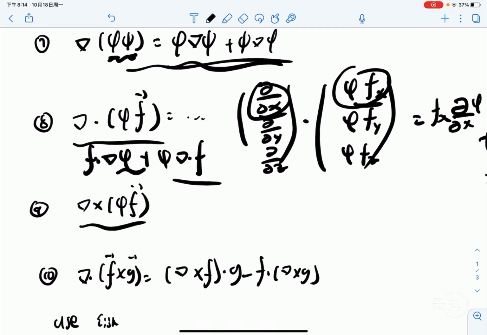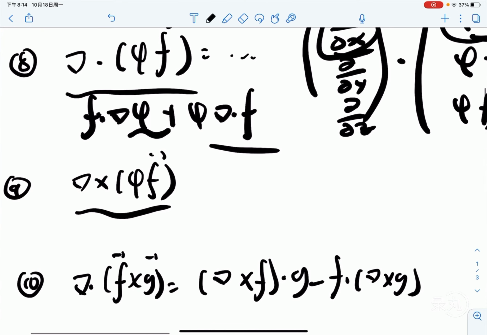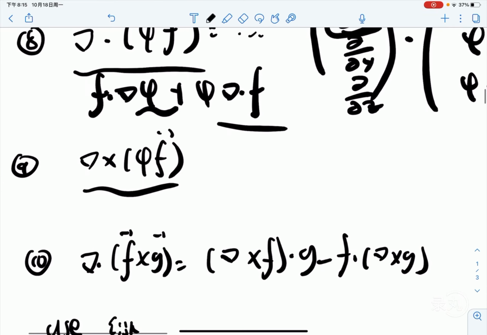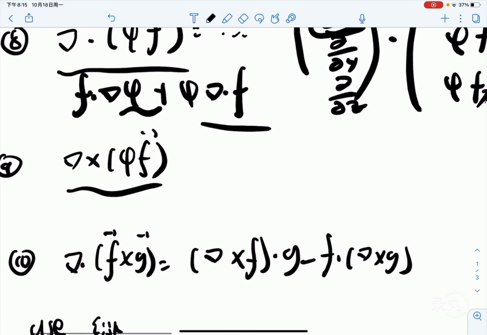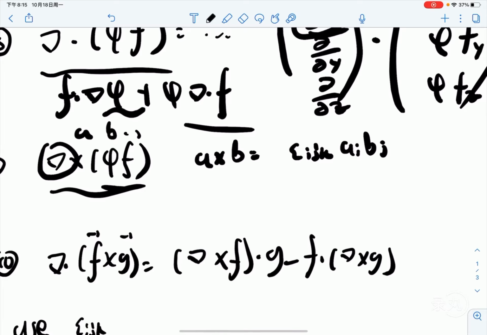And moving on to the cross product. For this one, we can actually use the Kronecker delta stuff. For this, we can treat it as a vector A, and this one's B. Recalling the fact that this is equal to ijk, AI, BJ, EK.